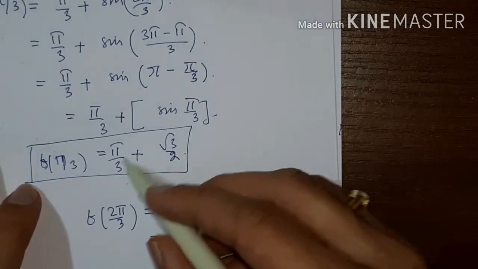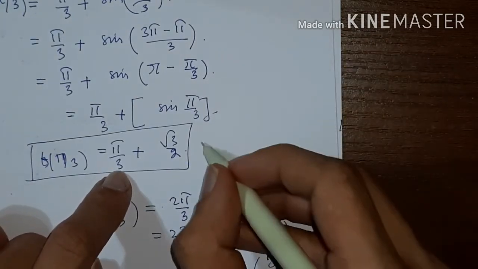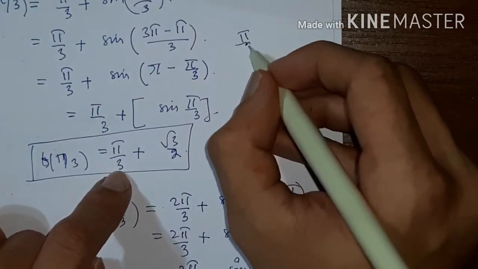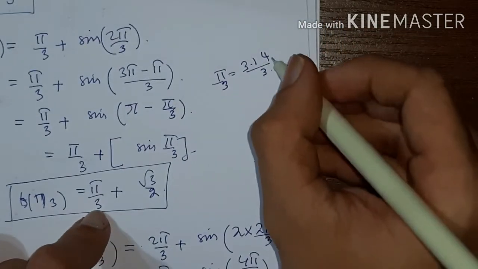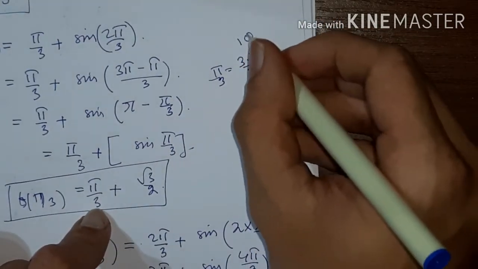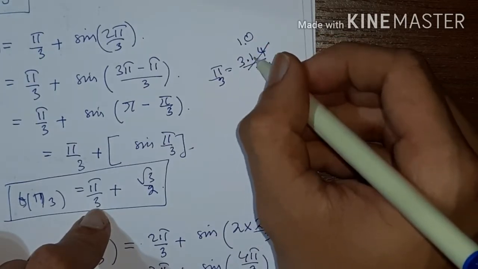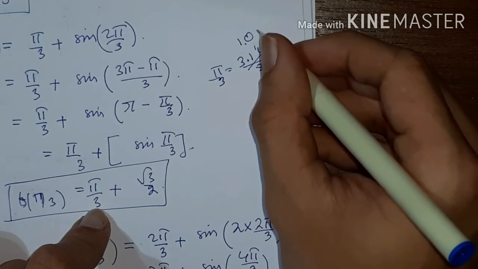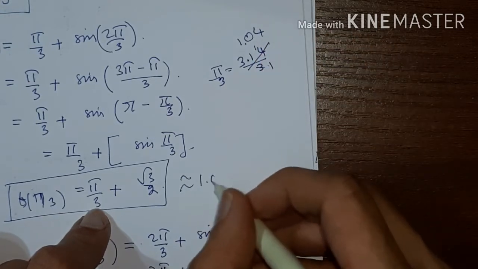Now if we calculate the value of this, pi by 3 means 3.14 divided by 3. So 3 ones are 3, 3 tens are 30, 1 remains, and 3 fours are 12. So approximately this is 1.04.